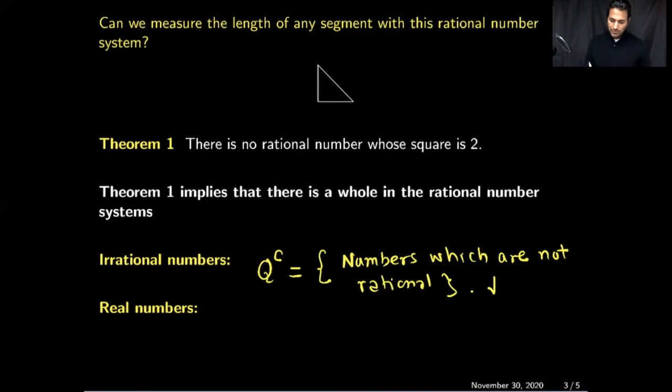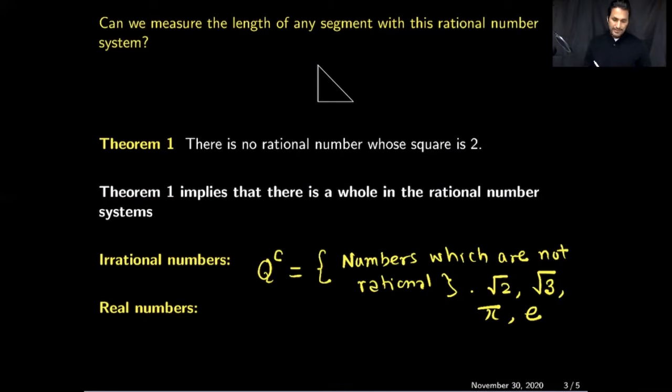For example, we found that square root of 2 was not a rational number, so this is an irrational number. Similarly, you can prove square root of 3 is not a rational number, and therefore it's an irrational number. Similarly, pi, which is maybe difficult to prove, is also not a rational number. And similarly, this number e is not a rational number. So these are all irrational numbers.